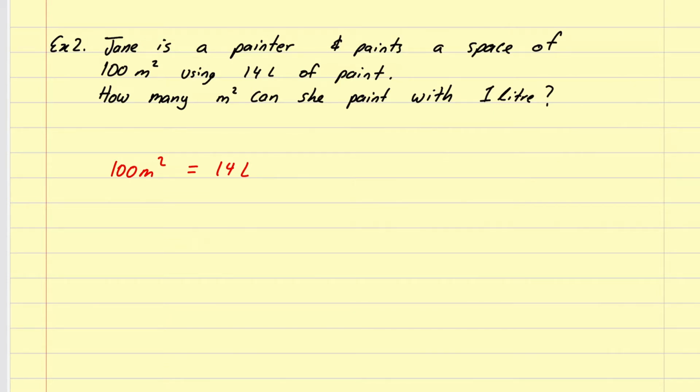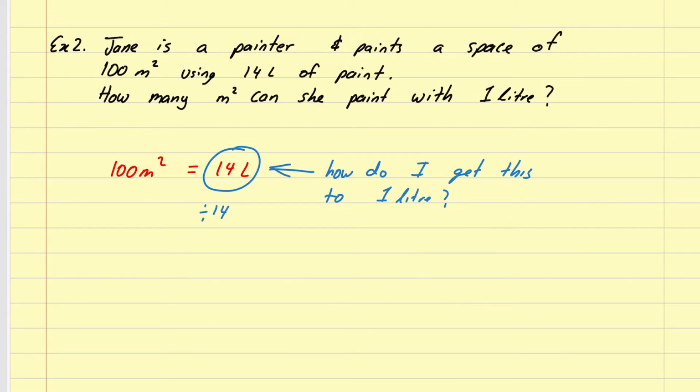And the question says, how many meters squared can she paint with 1 liter? So now, in other words, we have to get this 14 liters down to 1 liter. So this is how I want you to think about it. How do I get this to 1 liter? The only way to do that here would be to divide by 14.